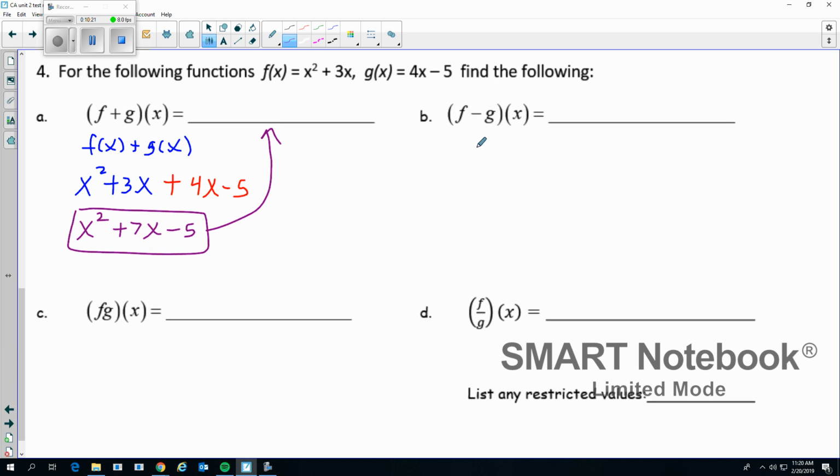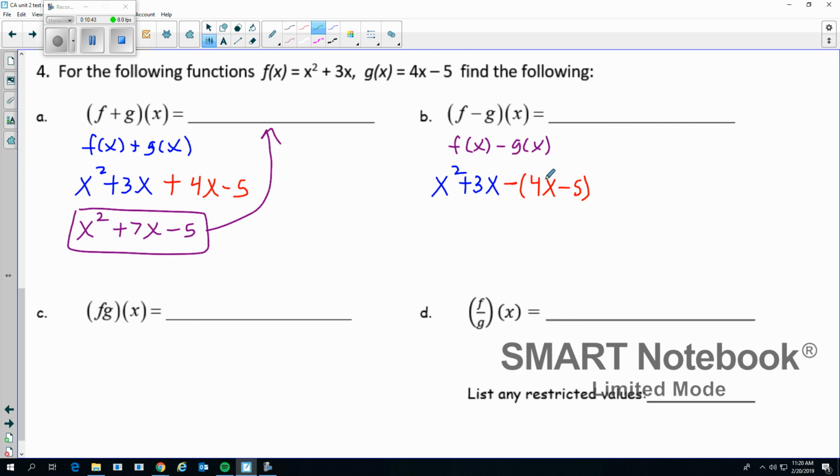Okay, the next one is very similar, except that we're going to subtract the g of x function from f of x. We start with x squared plus 3x, and then we subtract the g of x function, which you have to put parentheses around and distribute the minus sign.